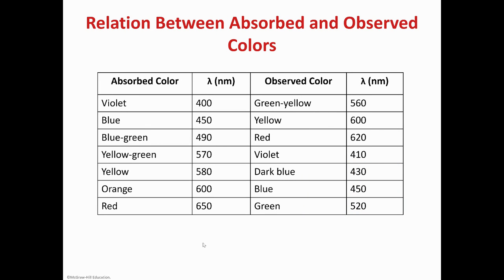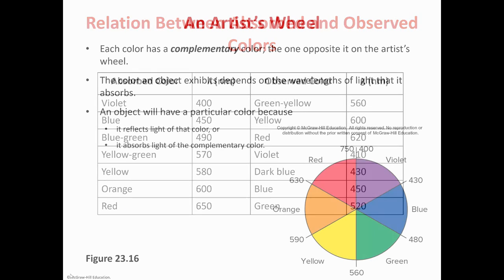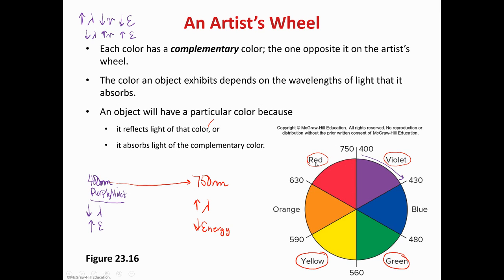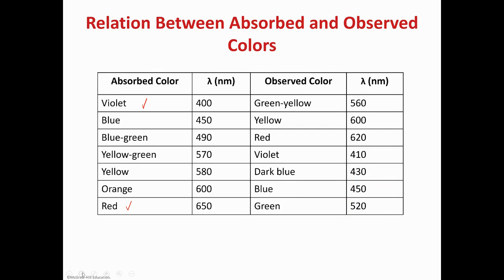So this is showing that idea. If it absorbs red, it's going to appear to be green. If it absorbs violet, it's going to appear to be yellow. This is just highlighting it more in a chart form.